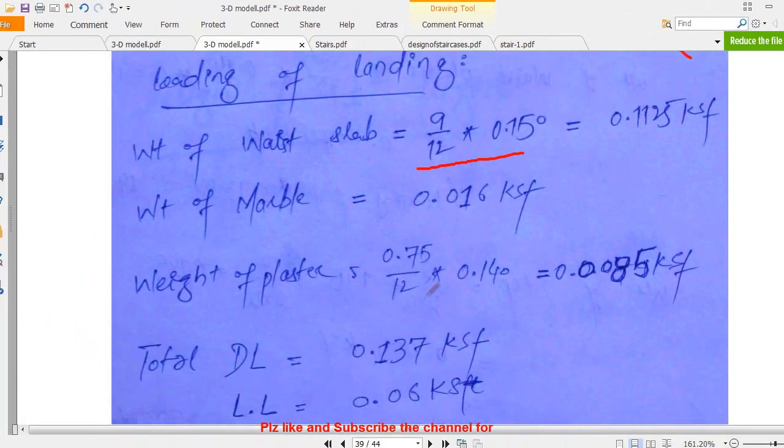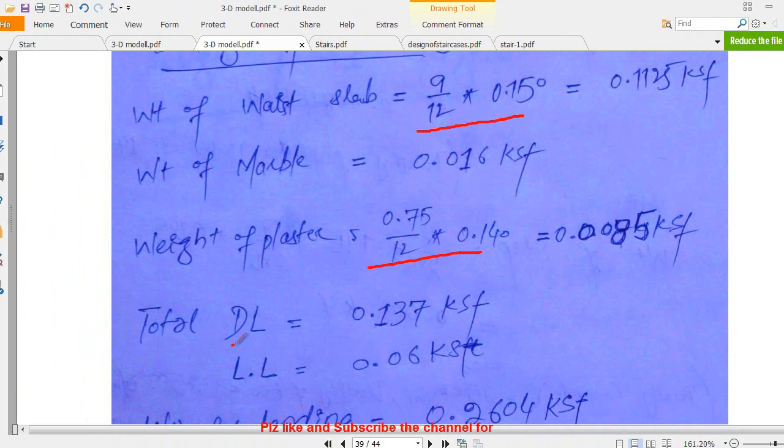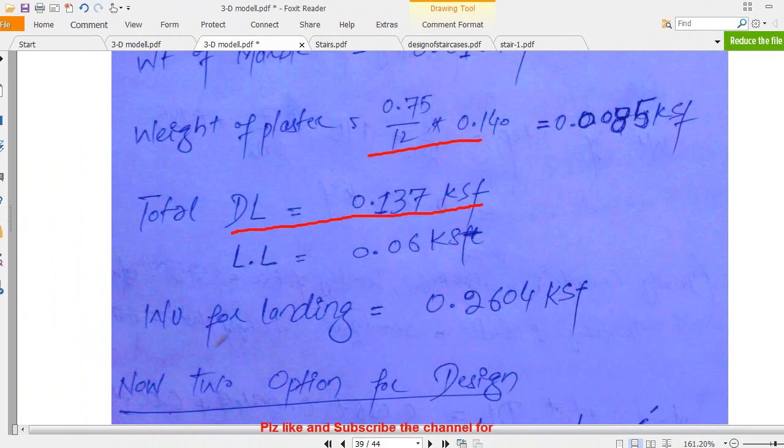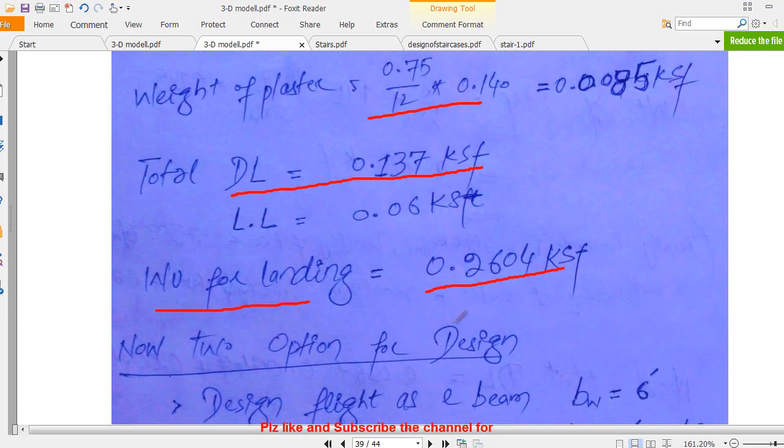The marble weight will be the same, the plaster weight will be the same, but we skip the factor. Then we add up things. We got the dead load and the live load, the same live load. Now Wu for the landing is 0.26. This is a little bit smaller value.